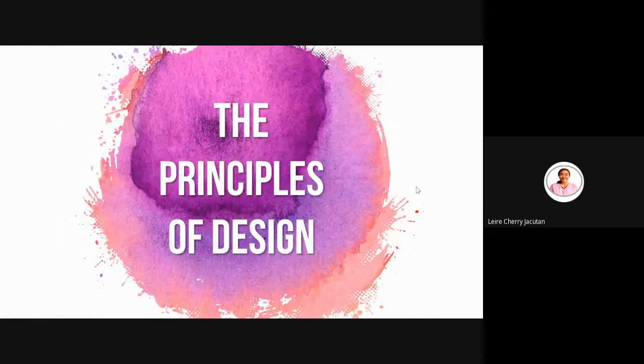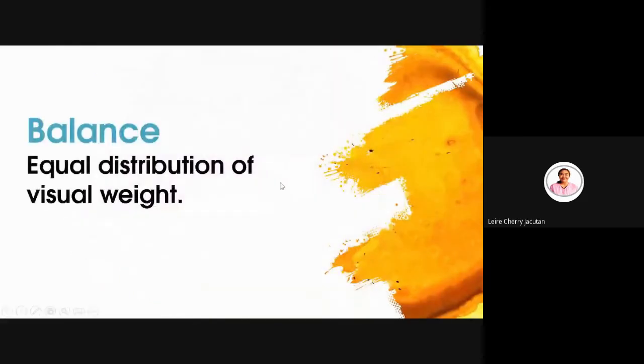Now let's talk about the different principles of design. First, we have balance. And balance means the equal distribution of visual weight, yung bigat niya. So pag sinabi natin balance, kung ano yung nakikita mo sa kaliwa, dapat yung bigat ng nasa kaliwa, ganun din yung katumbas ng bigat niya na nasa kanan para masabi natin na meron siyang context of balance.